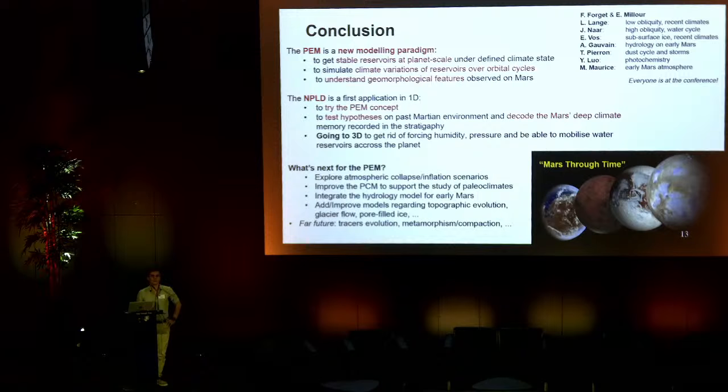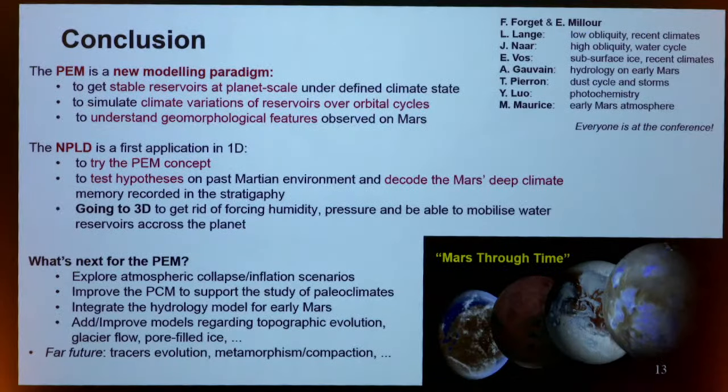As a conclusion, the PEM is a really new modeling paradigm, and it works together with the PCM, and this allows us to simulate thousands of years, even hundreds of thousands of years. In 1D, you can see we simulated even millions of years. But there are two ideas.